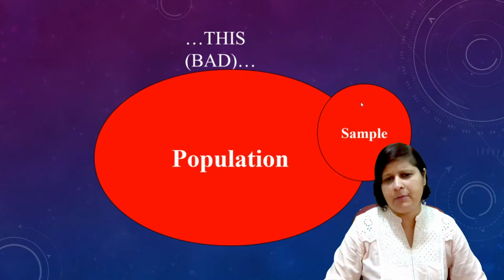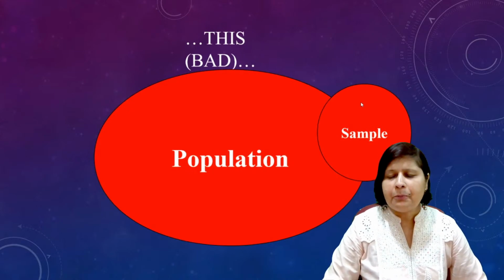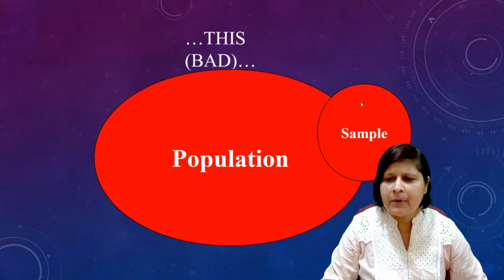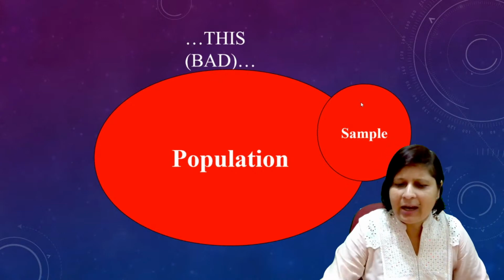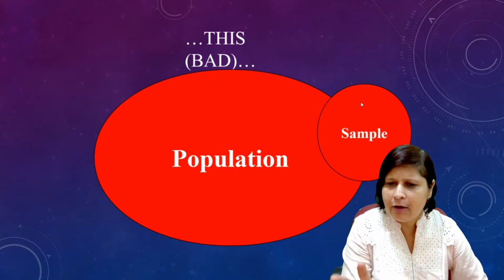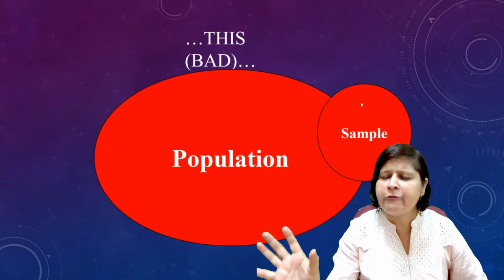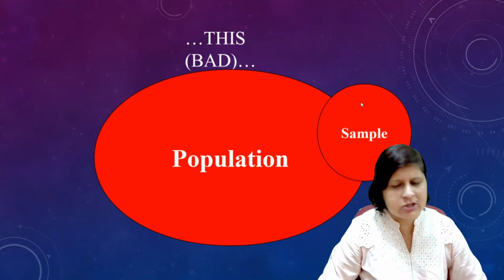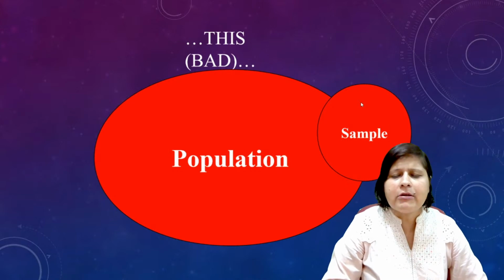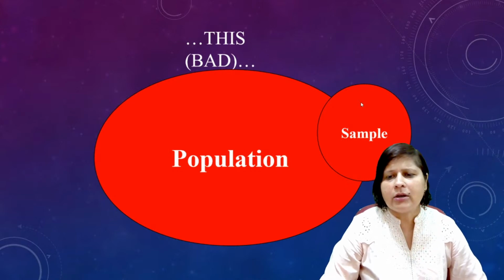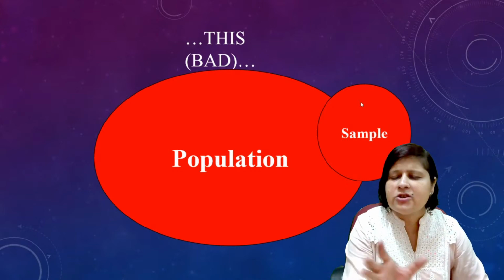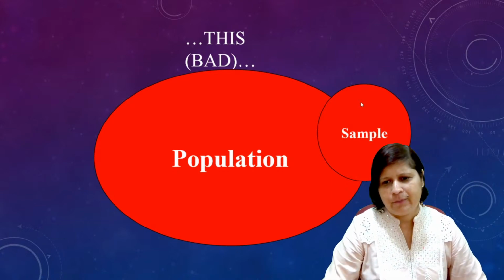Cost should be minimum. When I said it should be from the population, then this is bad. When you select a few samples from the population and a few from outside the population, it is not a good sampling technique. It is not a good sample. This sample does not represent your population.